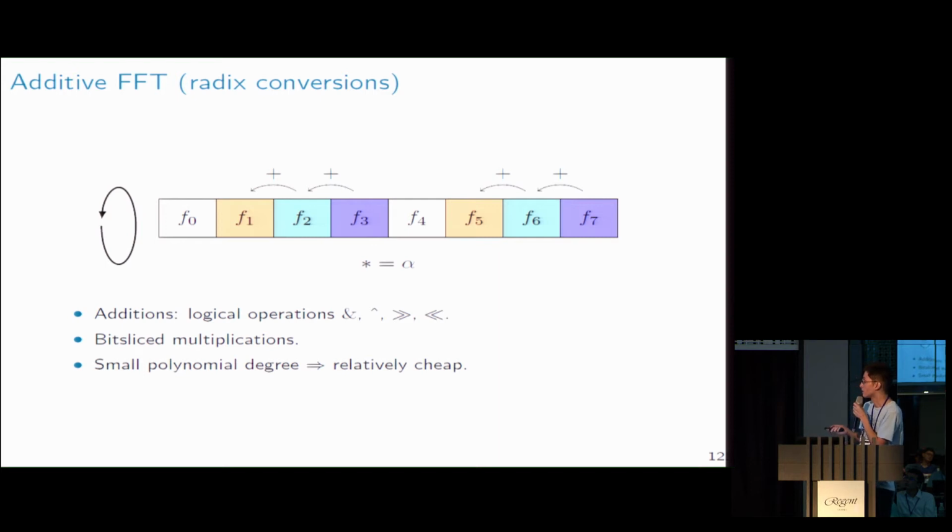So as you can see, the operations for radix conversion are quite regular, so we can actually do this with some logical operations. And for this multiplication, we can do it with a bitslice multiplication because we can process all the field elements in parallel. Okay. And also because the degree of the polynomial is quite low, this is actually quite cheap compared to the butterfly part. Okay.